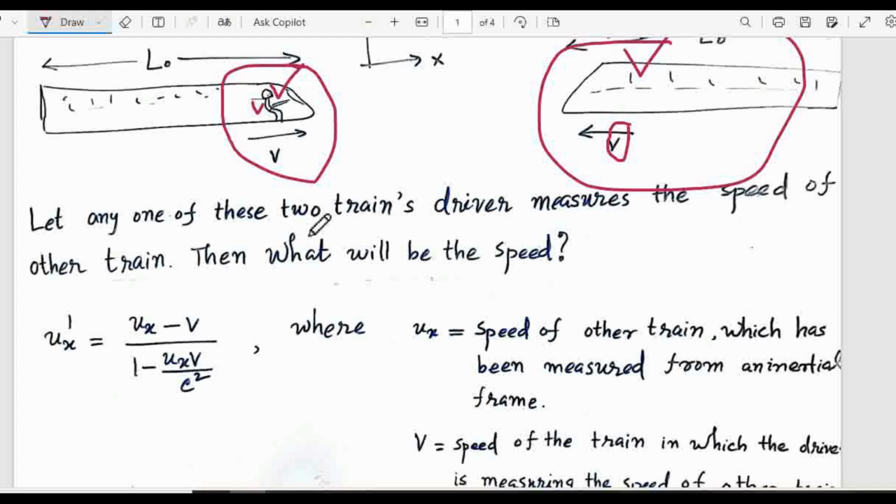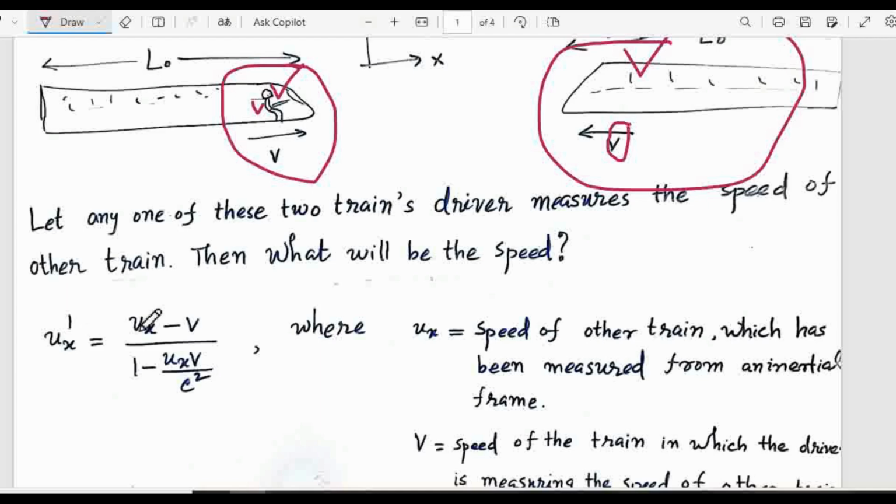We know that from the velocity addition in relativity, ux dash means we are measuring from moving frames. Whenever in relativity we measure any speed in the moving frame, we make it dash.